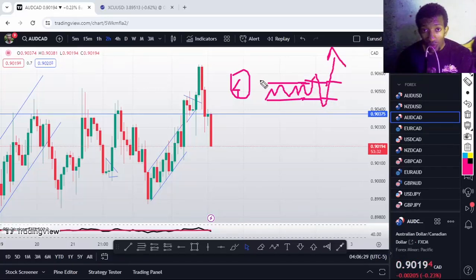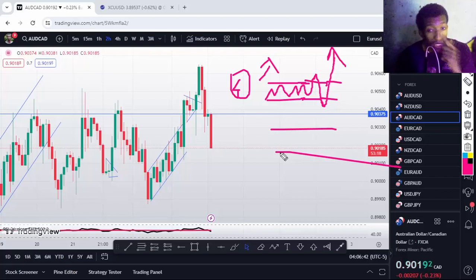The real direction was really to the upside, bullish, but the price tricked in both ways and then went to the real direction.